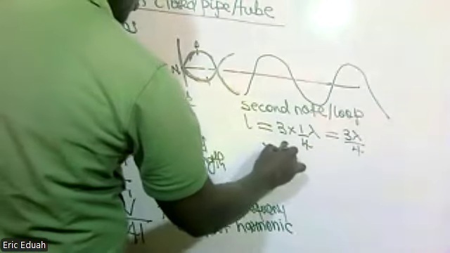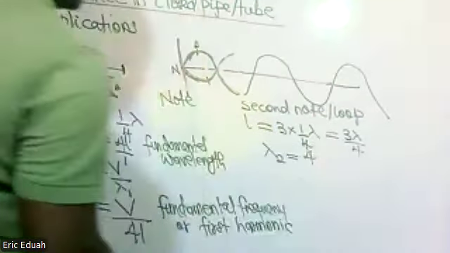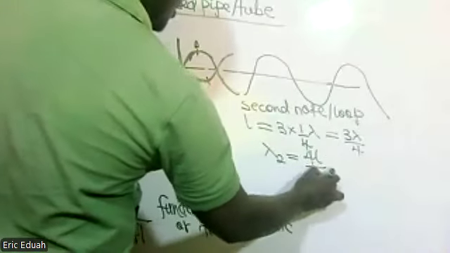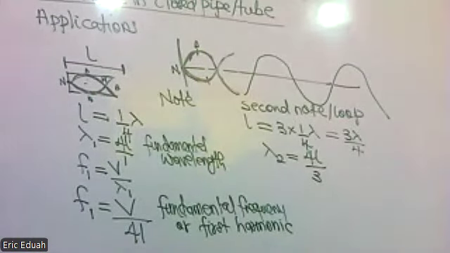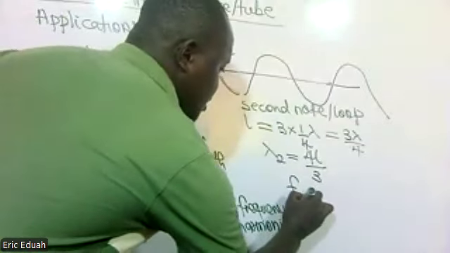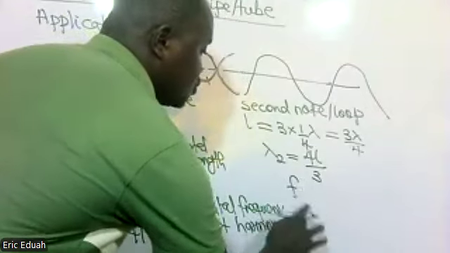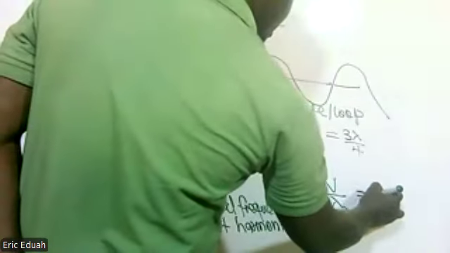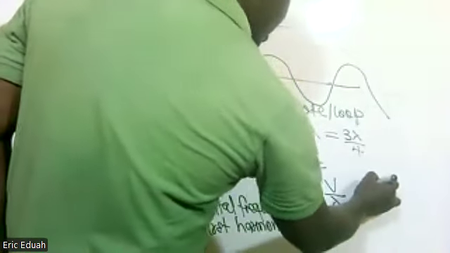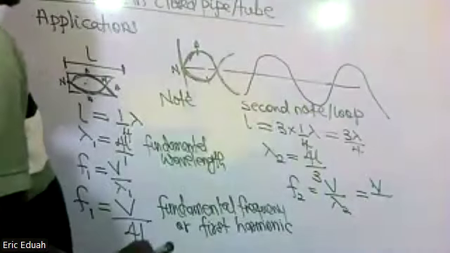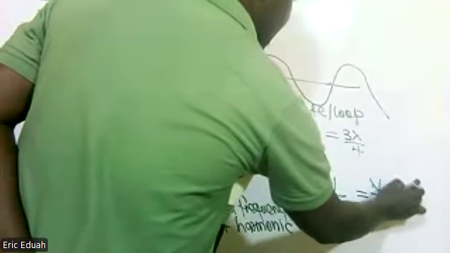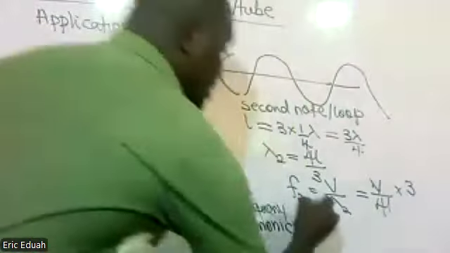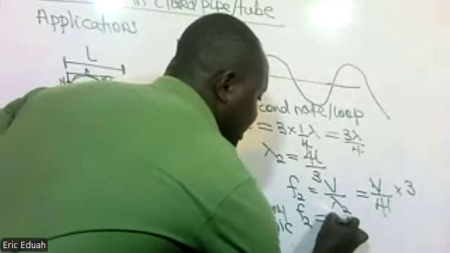So lambda 2 is equal to 4L on 3. Therefore, F2, which is V on lambda 2, would be equal to 4V divided by 4L times 3, which is F2 is equal to 3 times this.